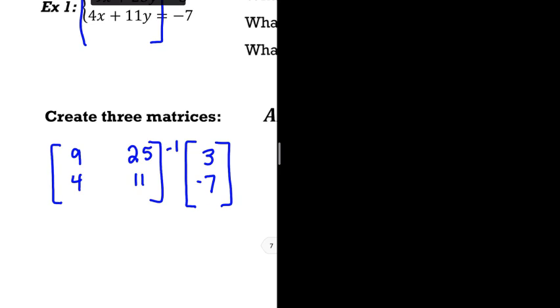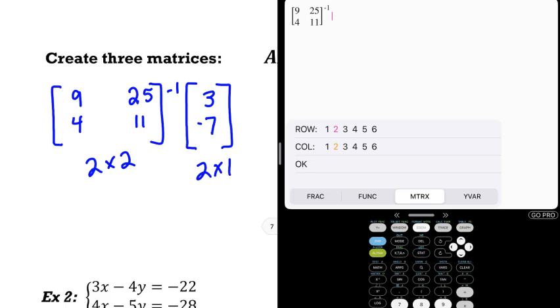So hit clear whatever's there. We're going to do alpha zoom. And this is a 2 by 2 matrix. So we need to do that. When we had 3 variable 3 equation, it was a 3 by 3. But now we have 2 variable 2 equation, so it's a 2 by 2.